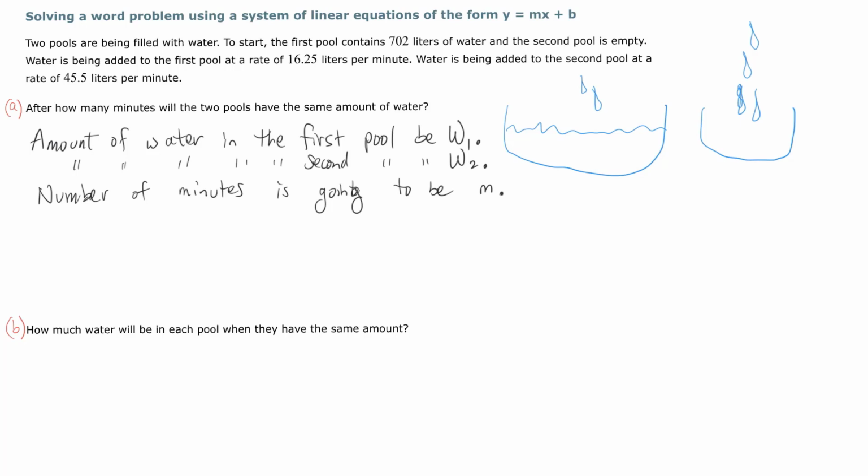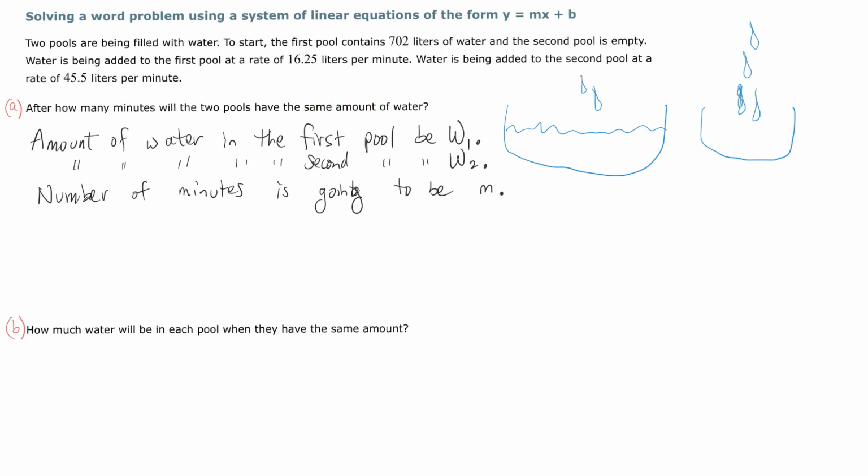Let's find the amount of water in the first pool. Let's go back and read the problem again. The first pool contains 702 liters of water, and water is being added to the first pool at a rate of 16.25 liters per minute.